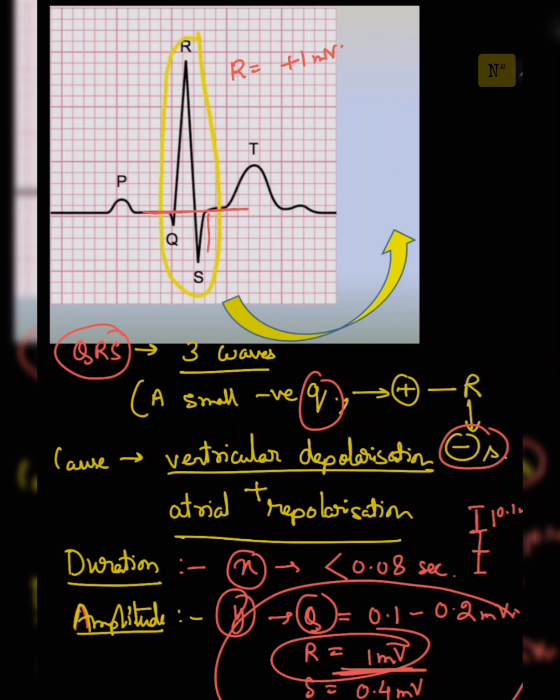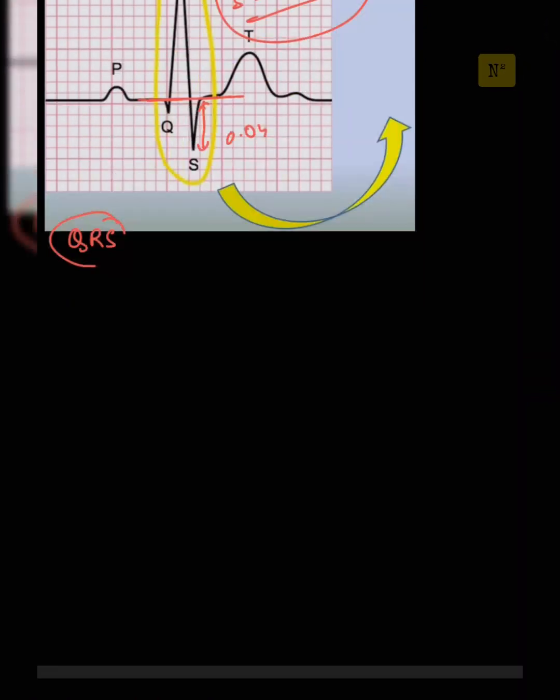We have to take the more negative wave first, so the S wave is 0.04 millivolt, and we take that as minus 0.04. Now, how to give the QRS naming convention, how to name those QRS complexes if there are several.